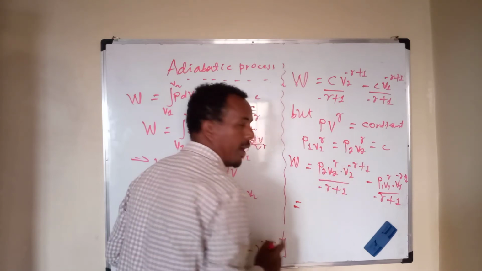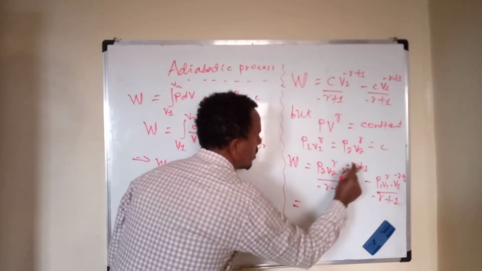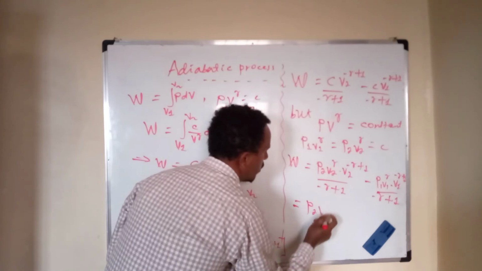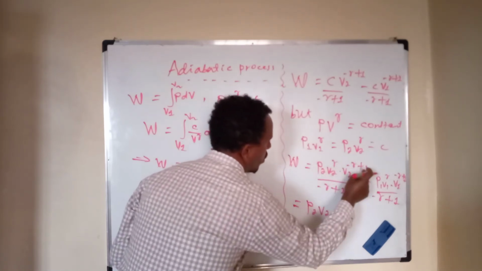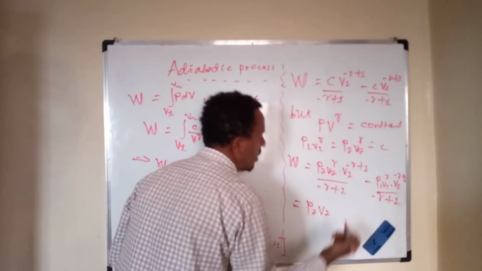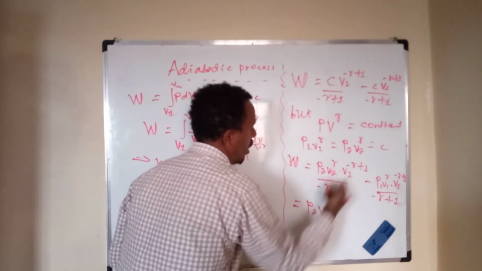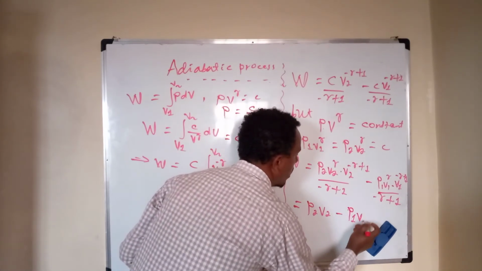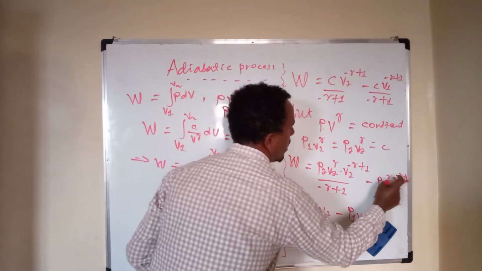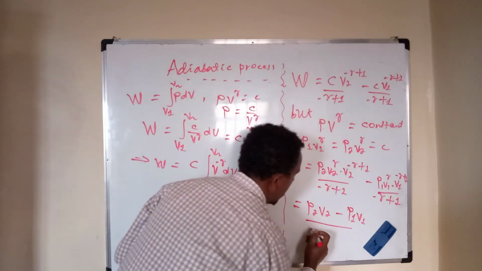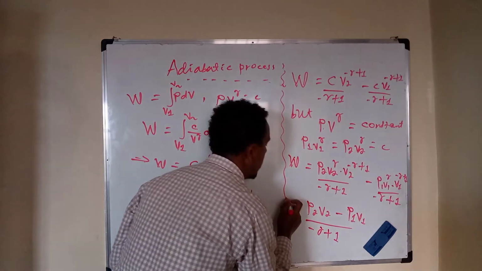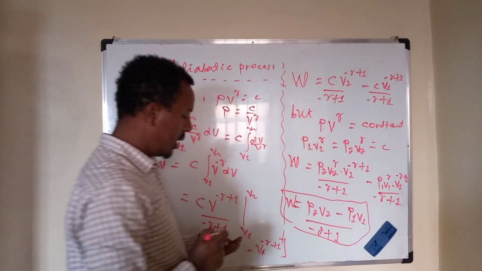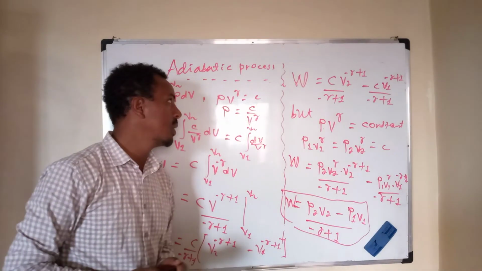The base is the same, so gamma and minus gamma cancel to 0, leaving V2 raised to 1, that is V2, minus P1 V1, the same base, gamma minus gamma, over minus gamma plus 1. This is the work done in adiabatic process.